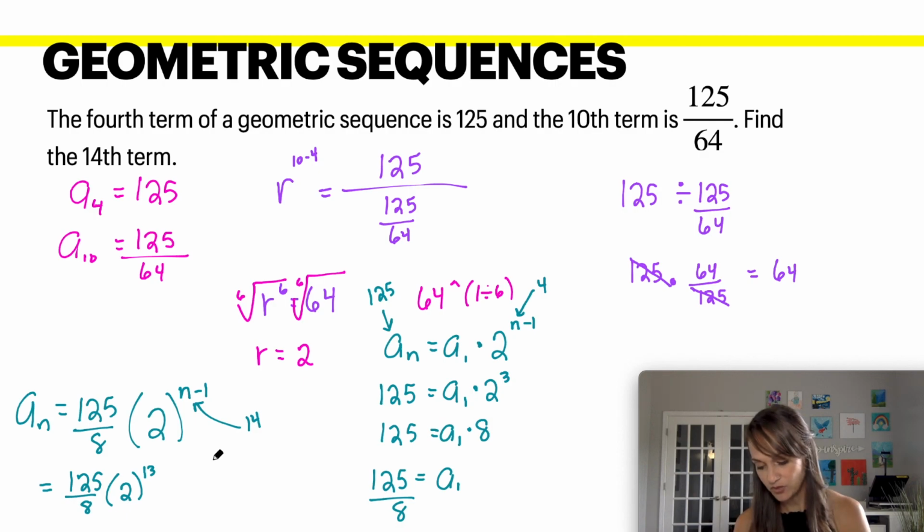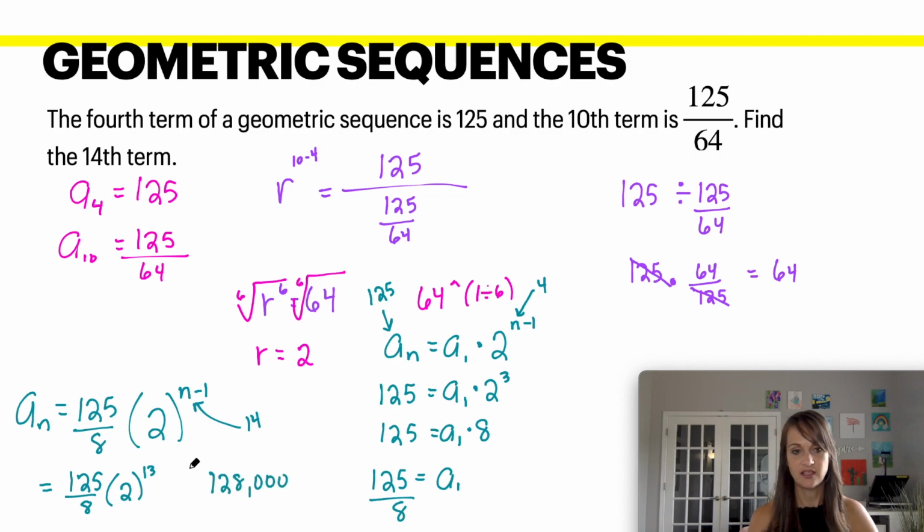So I'm going to do 125 divided by 8, in parentheses, and 2 raised to the 13th power gives me 128,000. So there's a few things we had to do here. We first had to find r. Once we found r, we had to find our formula. Once we found our formula, we had to find the 14th term.